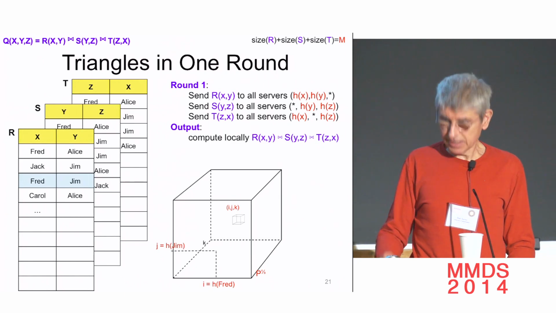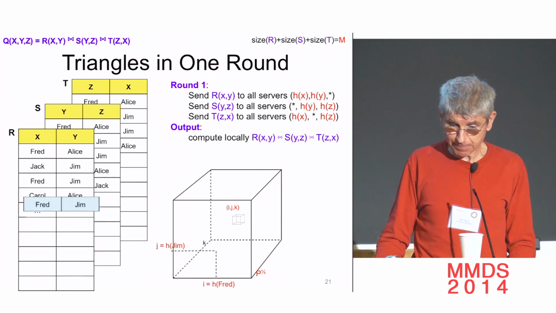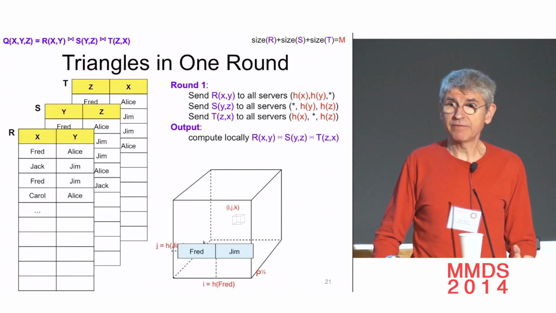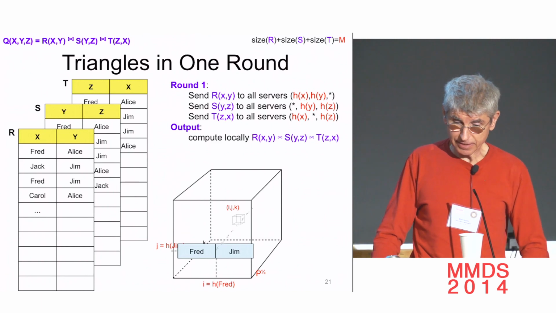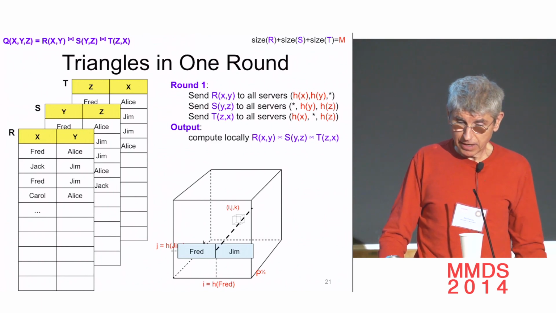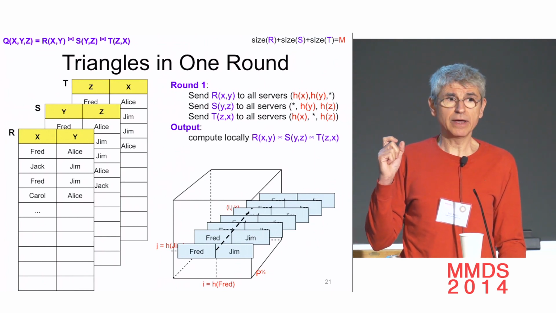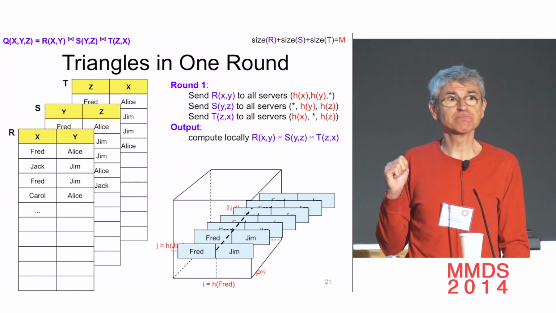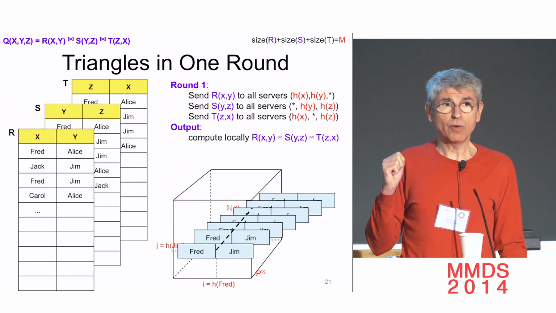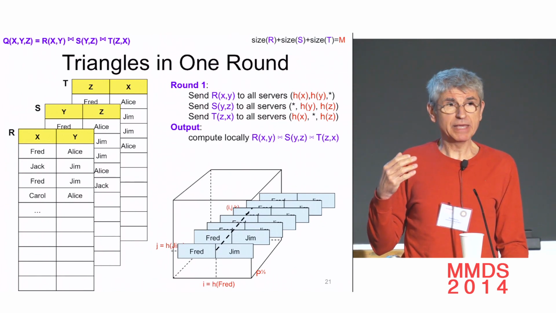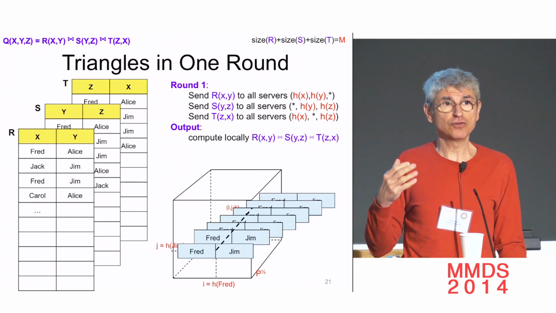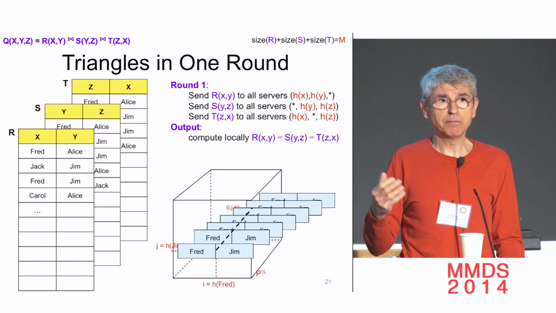But it doesn't have the third coordinate. So because it doesn't have the third coordinate, it's going to replicate this tuple for all servers that have these two x, y coordinates.